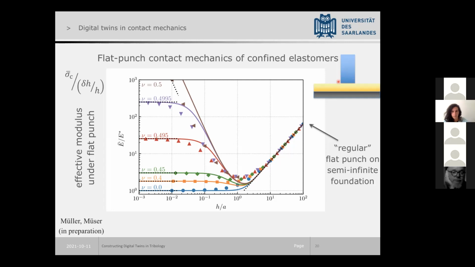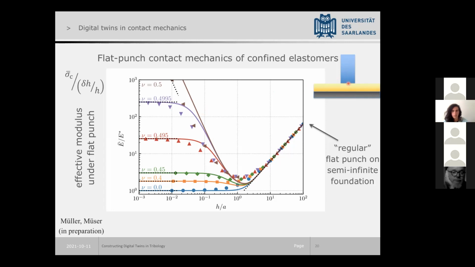Now, one property in this setup that is interesting to study is the so-called effective modulus. So the effective modulus basically is the ratio of the mean stress in the contact divided by the relative height change in the elastomer within this contact. And that has an interesting behavior.